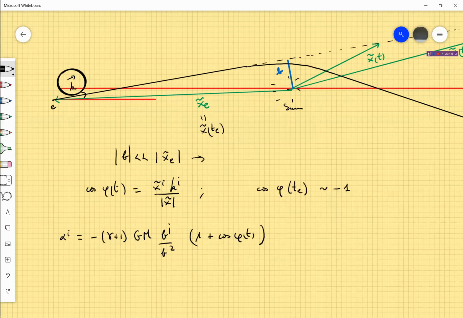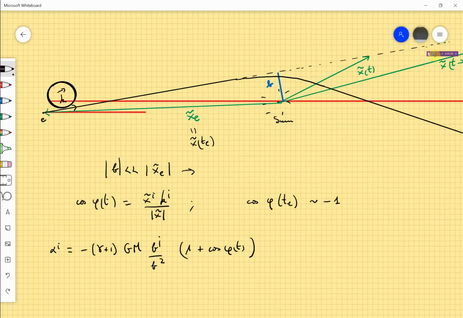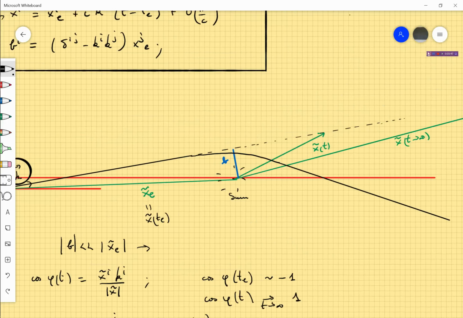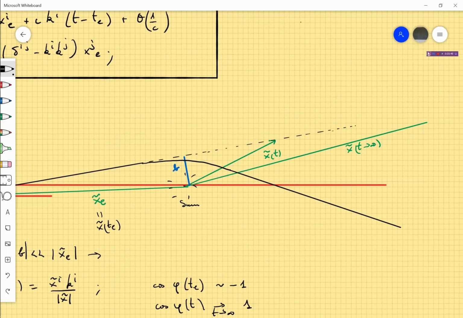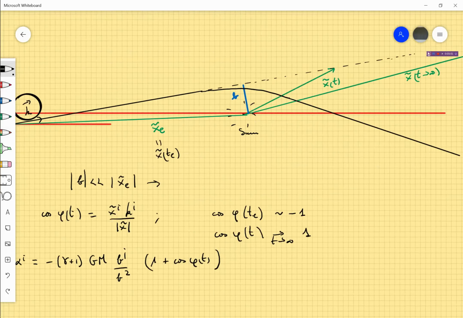On the other hand, when t goes to infinity, cosine of phi goes to 1 because, as I said, x tilde and k become parallel asymptotically.